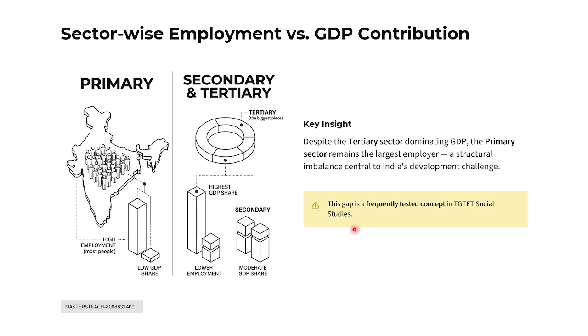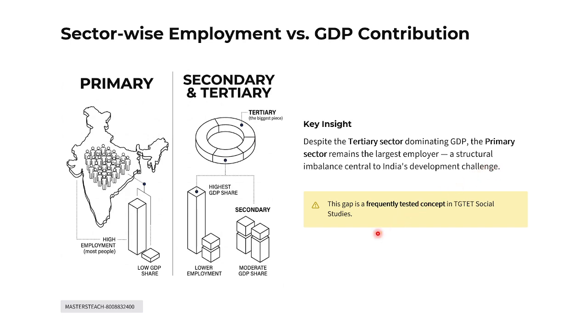So this is a graphical presentation. Sector wise, there is high employment in the primary sector, but the share of GDP is very less. Despite the tertiary sector dominating GDP, the primary sector remains the largest employer, and structural imbalance is central to the government's development challenges.